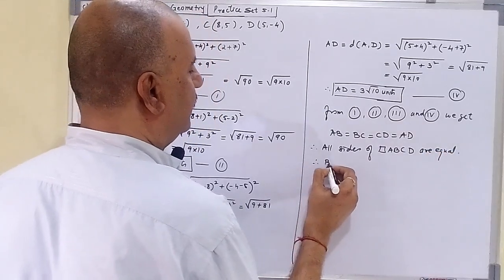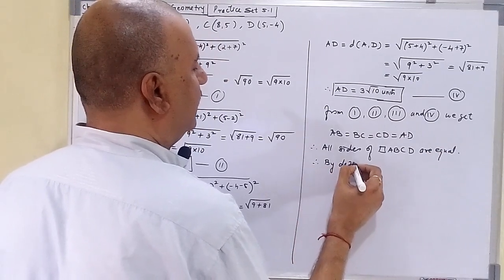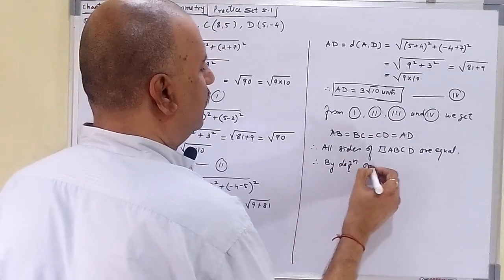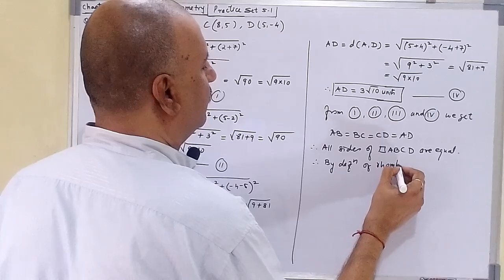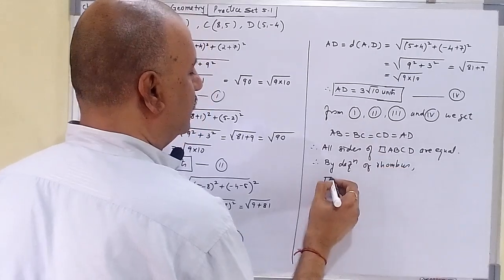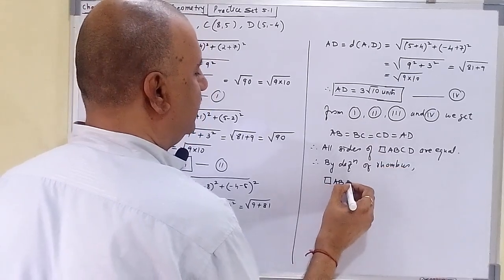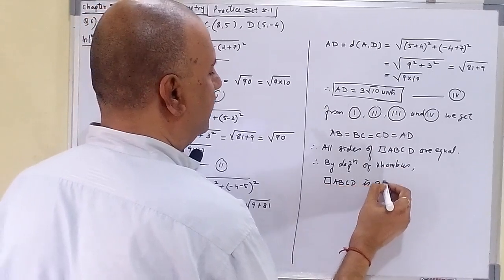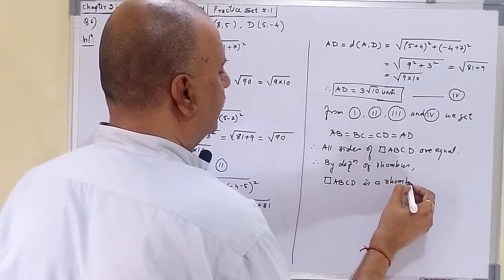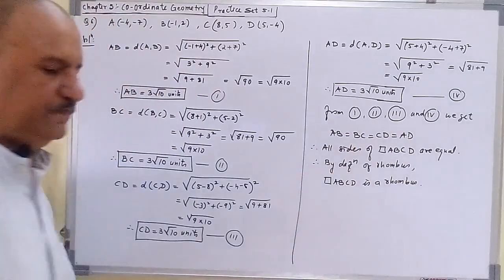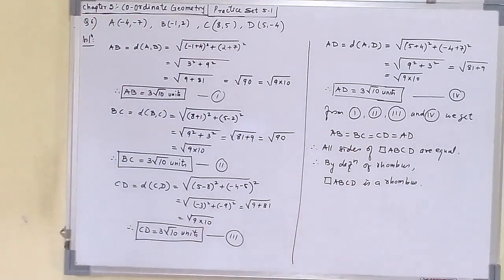Therefore, by definition of rhombus, quadrilateral ABCD is a rhombus. Complete question number 6.